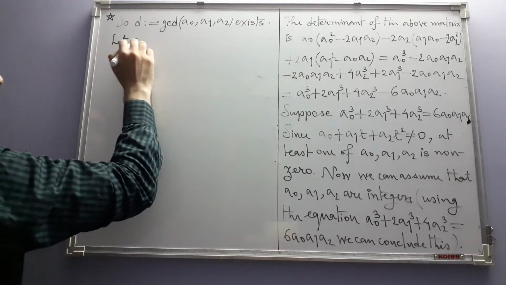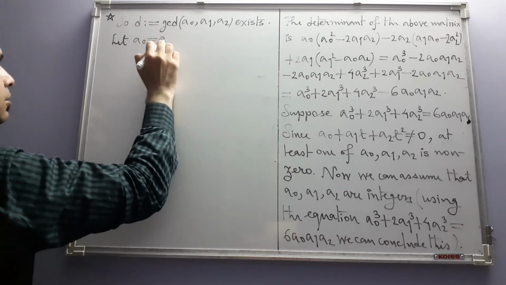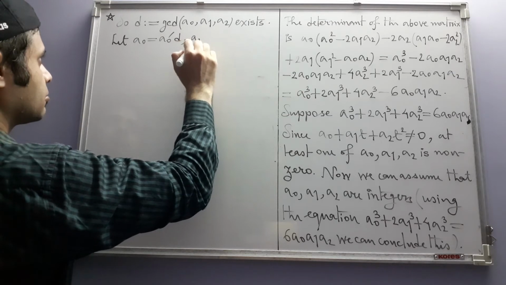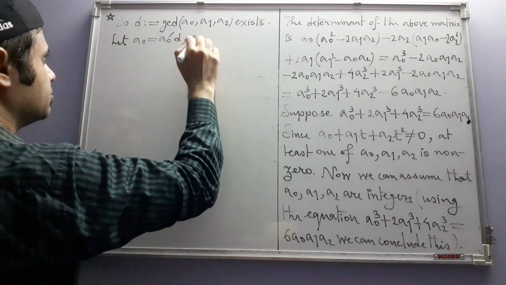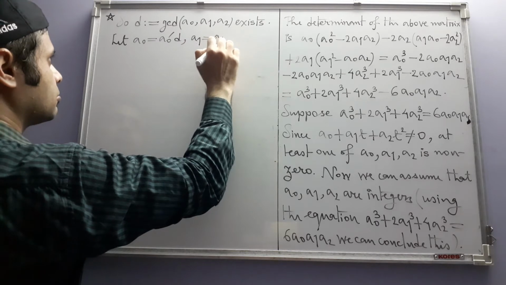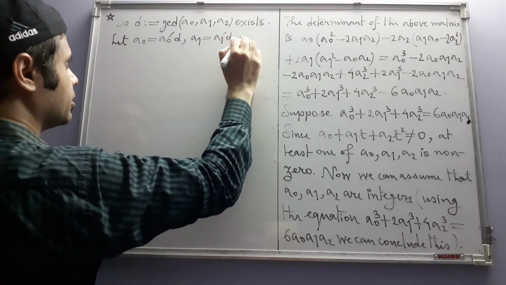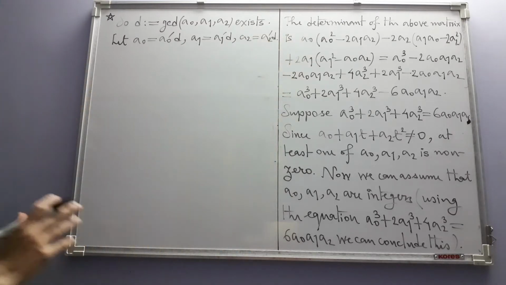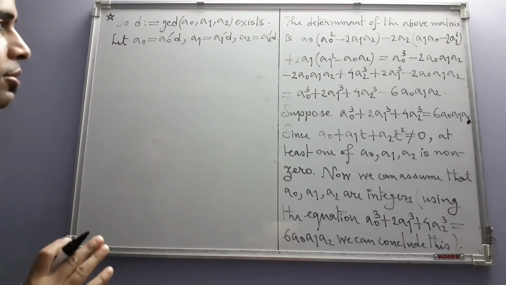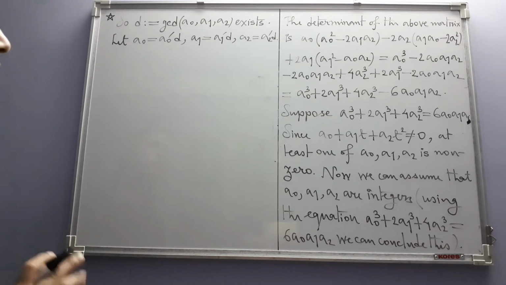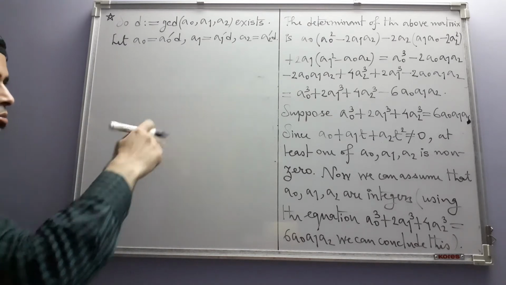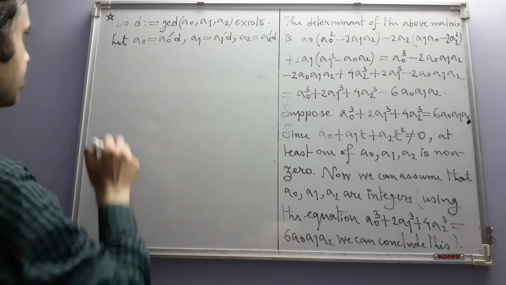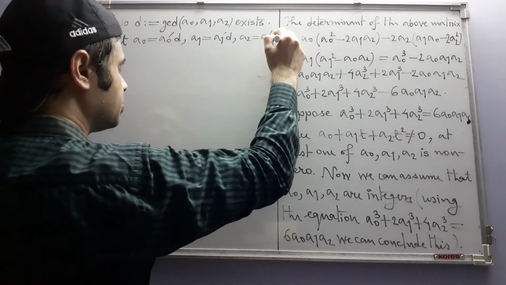Let a0 be equal to a0 prime d, a1 be equal to a1 prime d, and a2 be equal to a2 prime d. Since d is the GCD, d will divide all these integers, so each one of them will be a multiple of d, for some integers a0 prime, a1 prime and a2 prime.